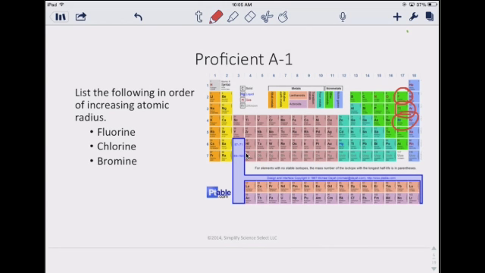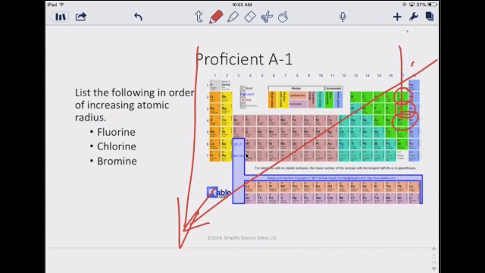So increasing means going from small to big. And so remember that everything increases going down the periodic table. So fluorine would be our smallest, and then we would have chlorine, and then we'd have bromine, because they increase as they go down. So increasing order is from small to big.